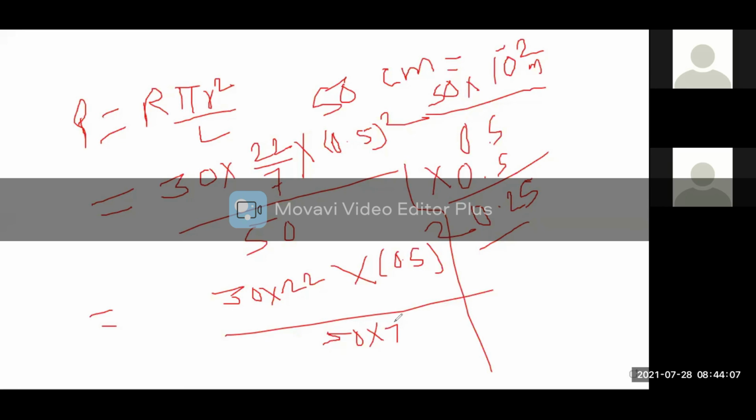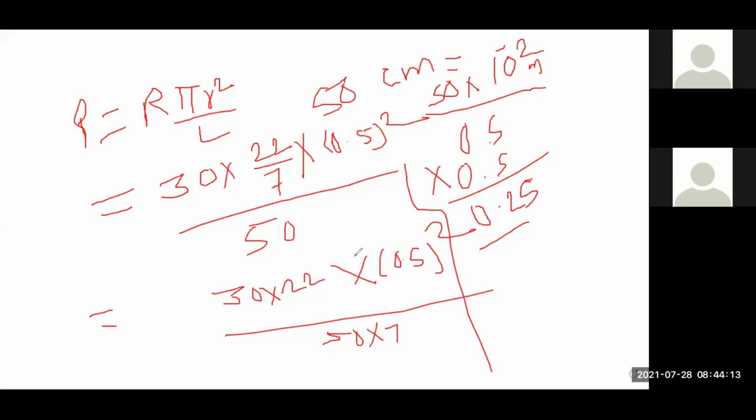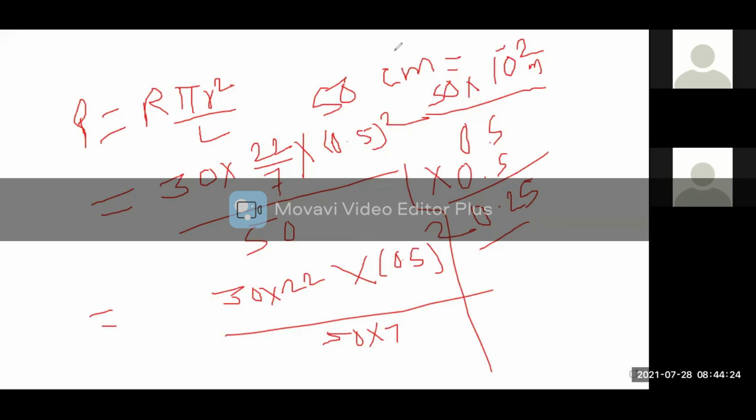Okay. So what will be the answer? Tell me now this multiplication and division. Anybody can do it. Everybody has to solve this. On your notebook, you can solve it. Are you solving it?